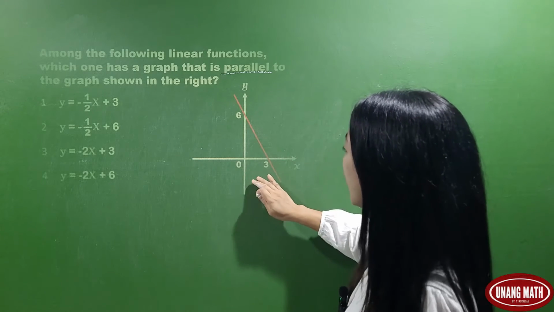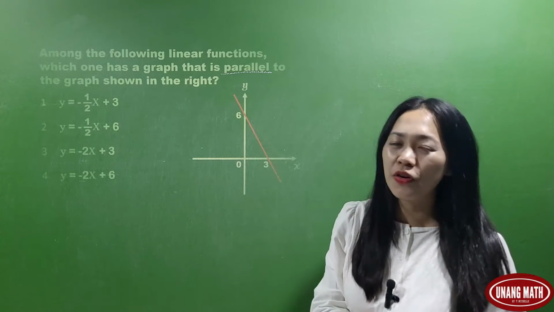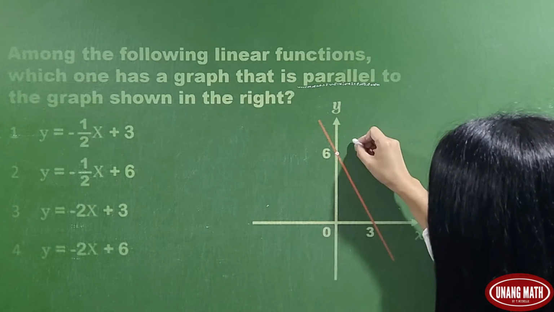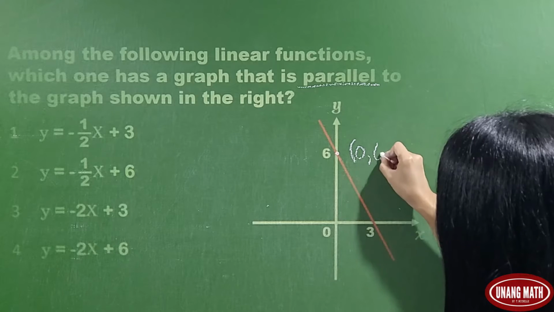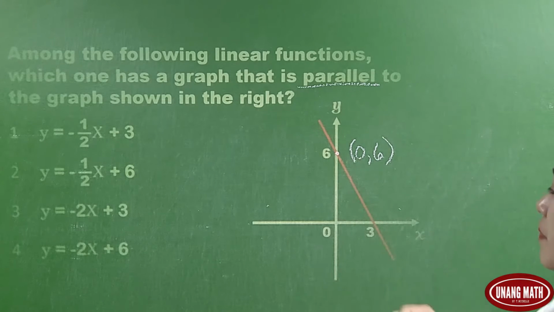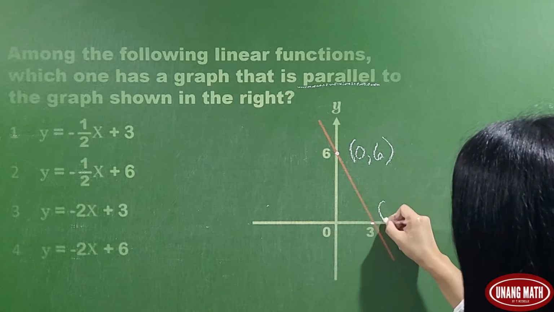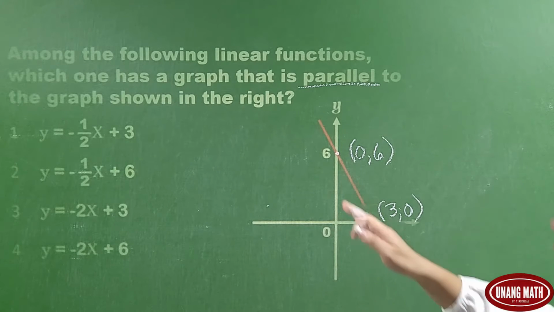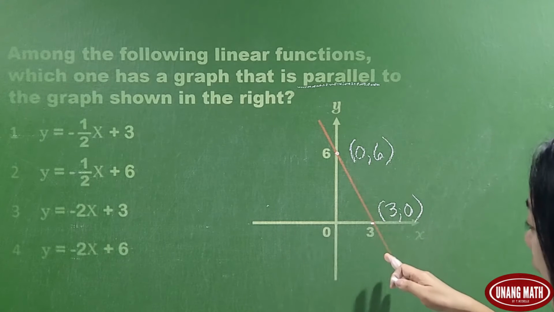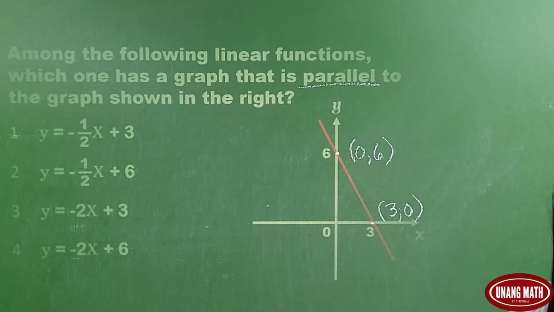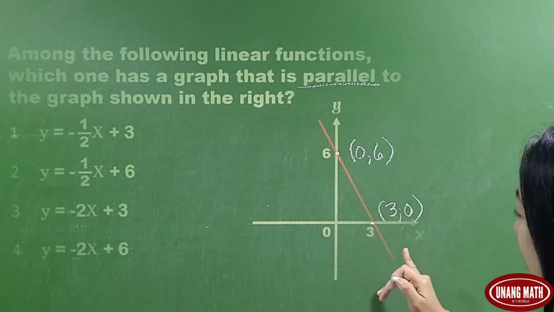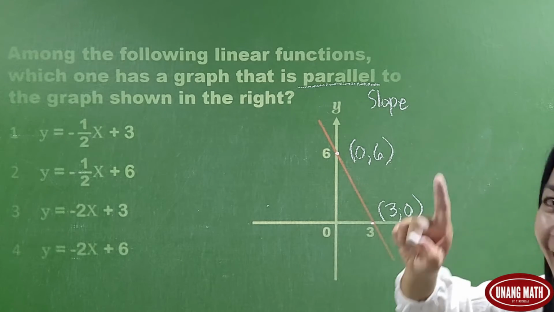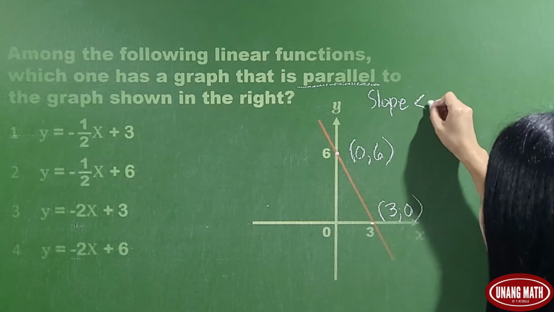If you take a look at this figure, this point is (0, 6), and this point is (3, 0). Since this graph is sloping downward, we already have an idea that the slope is a negative number, so it's less than 0.